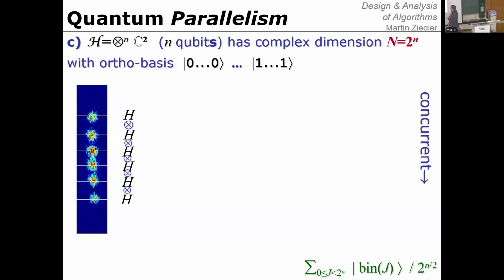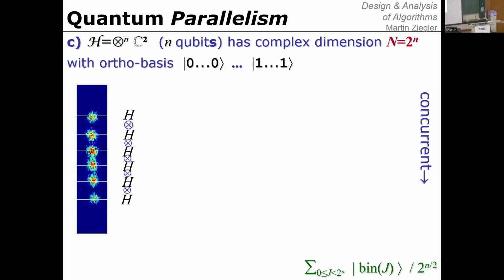So we talked about quantum parallelism, which is different from classical circuit parallelism. When we have n-bit input, then classical parallelism means we can have n, or at most n squared, gates operating simultaneously.